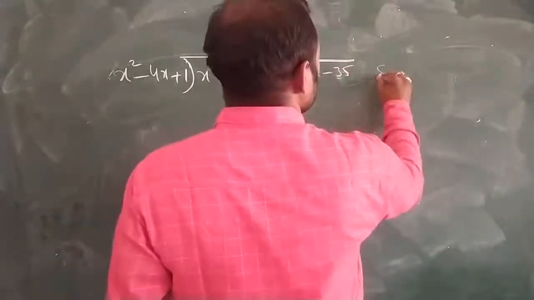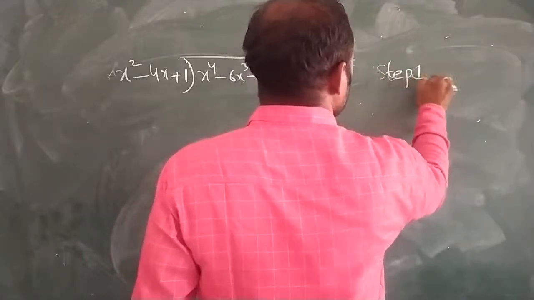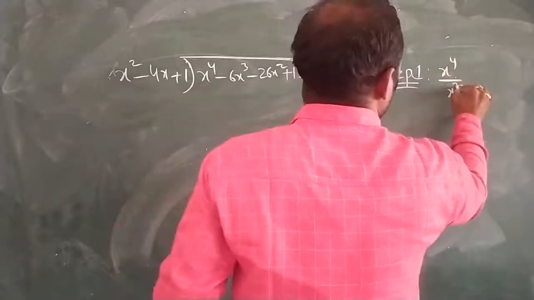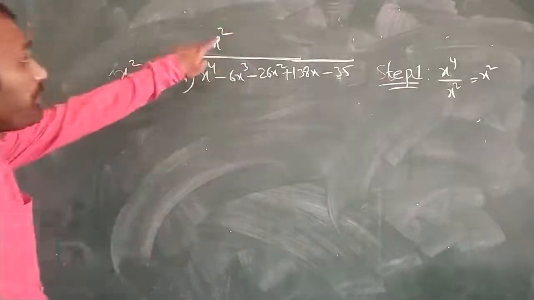Step 1. x to the power of 4 divided by x square gives x square, we have to multiply this.